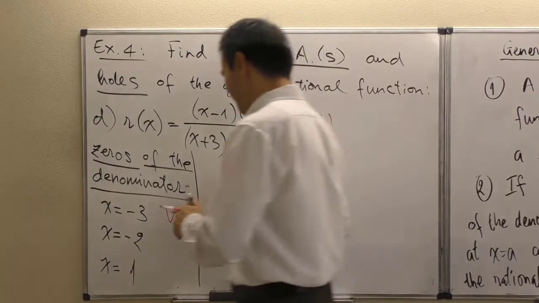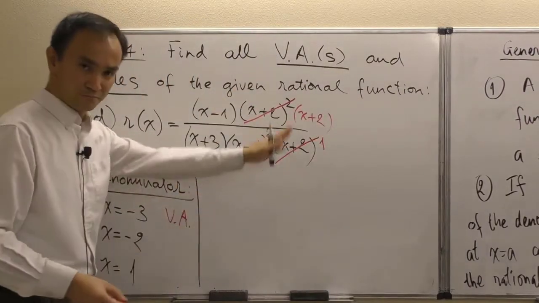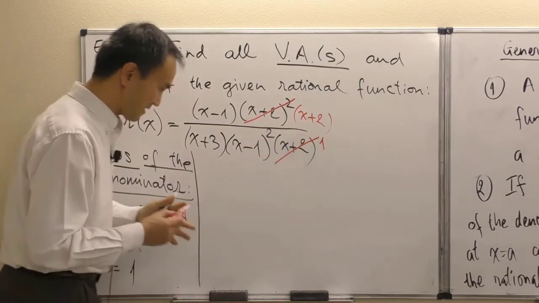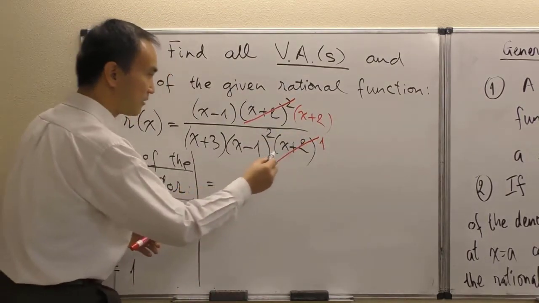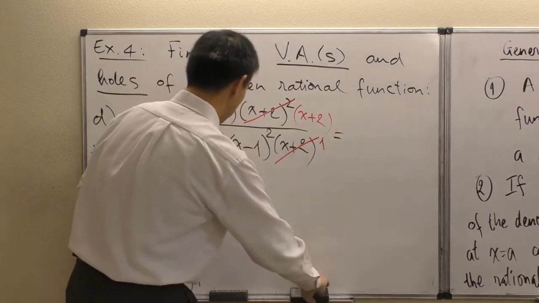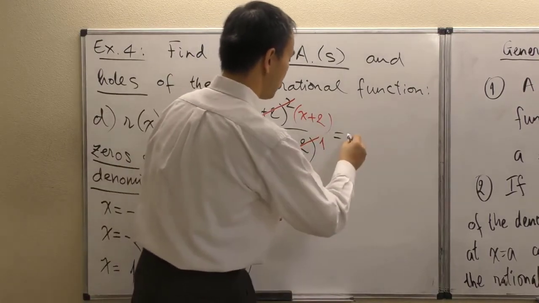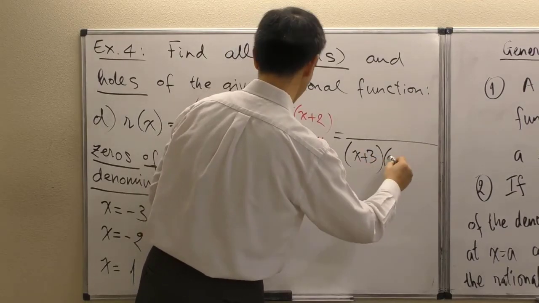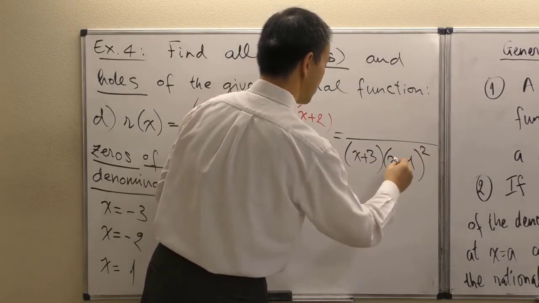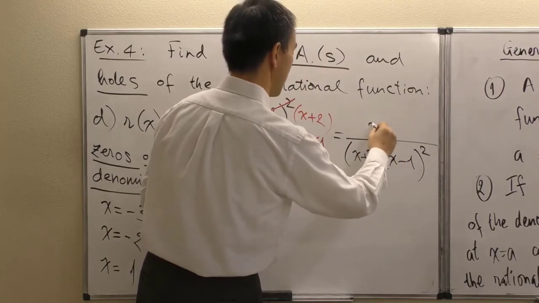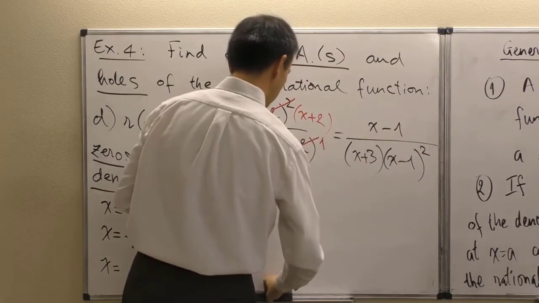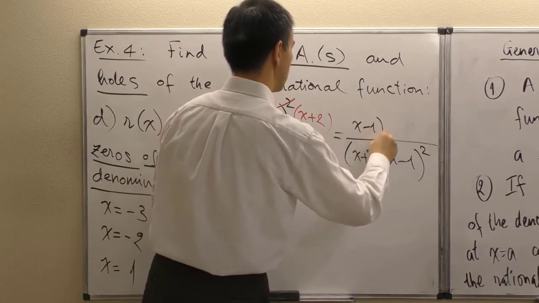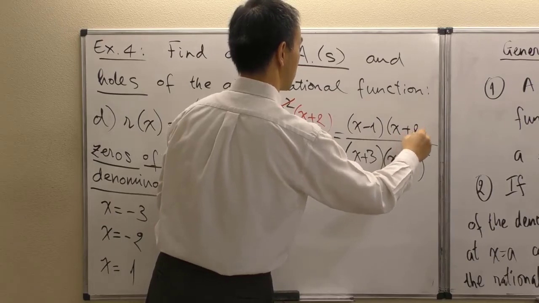So now, once we have noticed clearly that we can cancel away this x plus 2 right here. Okay. Of course, as far as the expression in our next step, we reduce down to, I don't think I need to use this bottom space right here, we bring it down to now just x plus 3 in parentheses times x minus 1 all squared. Okay, and now I'm looking at x minus 1 times x plus 2.